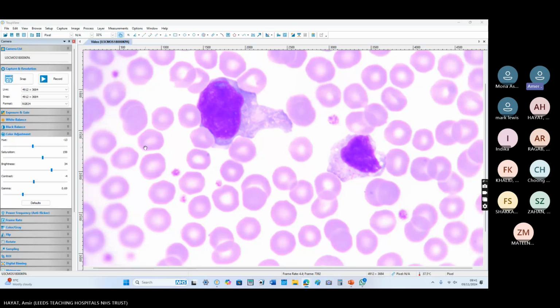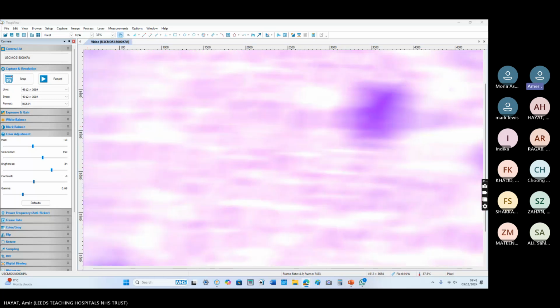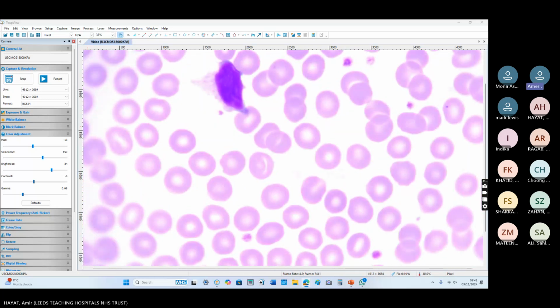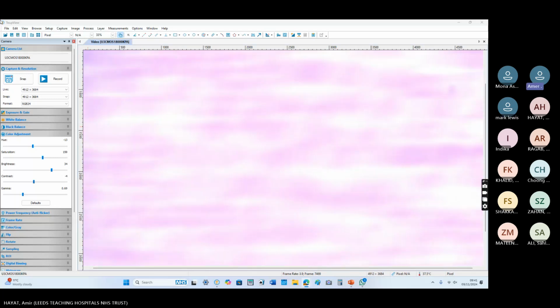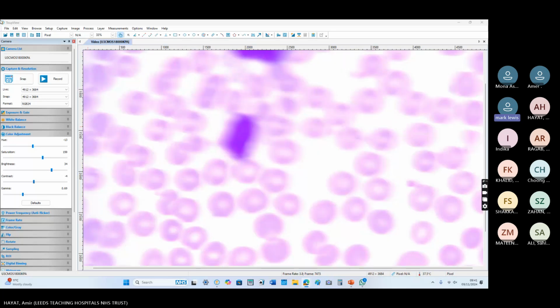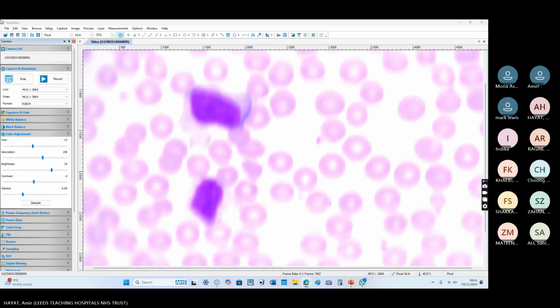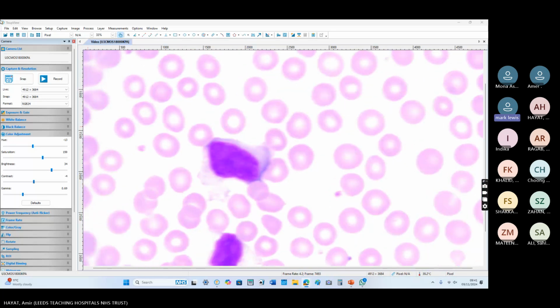Patient is 19-year-old, and this is common in the young age. And then you mentioned this patient has low platelet count as well. Yes, it's a response to the viral infection. Probably glandular fever.